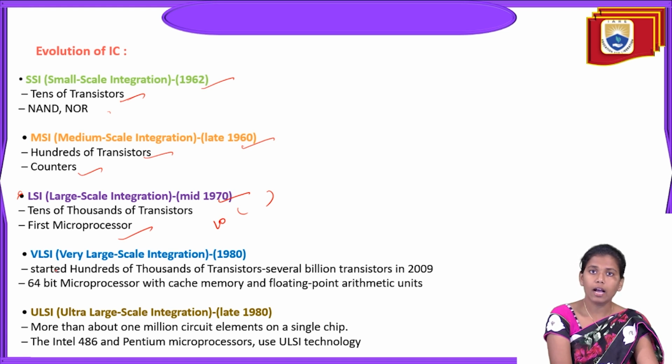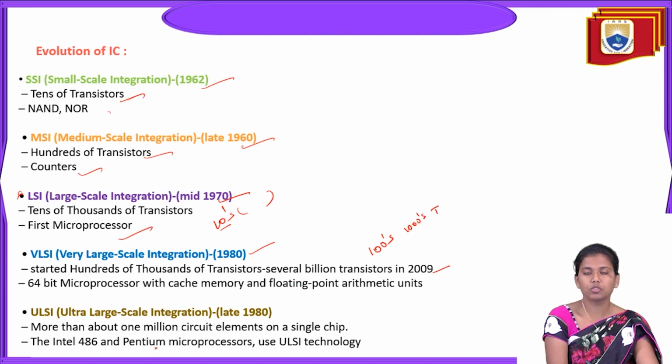And then after large scale integration, in the 1980s, ICs evolved into very large scale integration. Very large scale integration started with hundreds of thousands of transistors. Earlier it was only tens of transistors, whereas in VLSI we see hundreds of thousands of transistors, and several billion transistors in 2009.